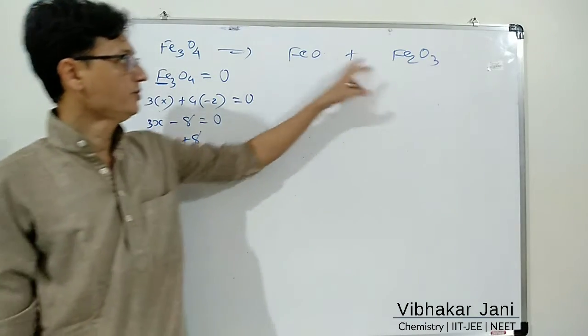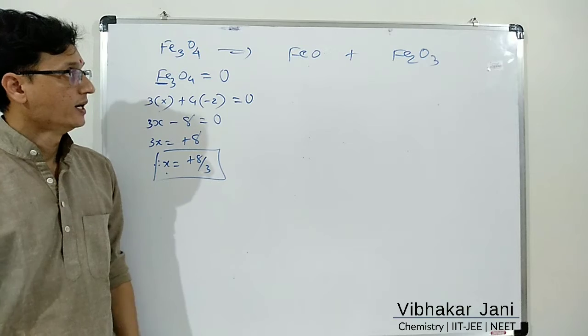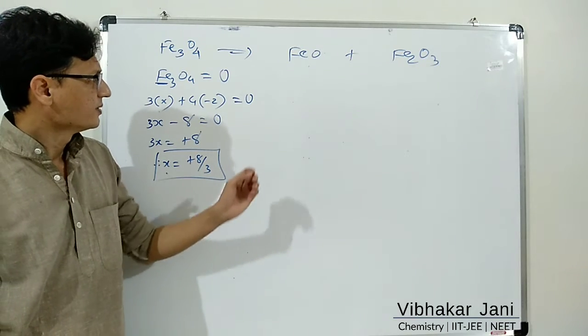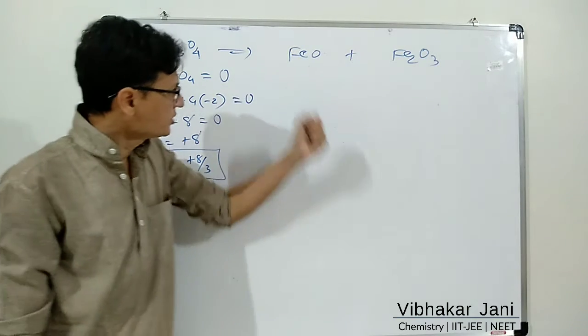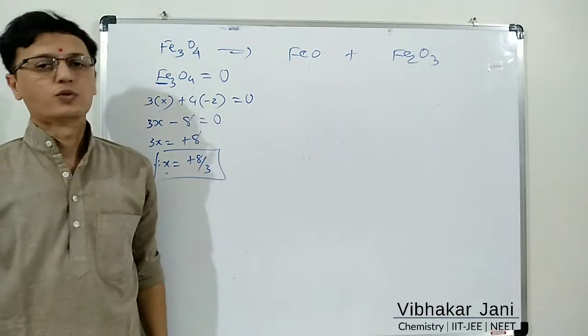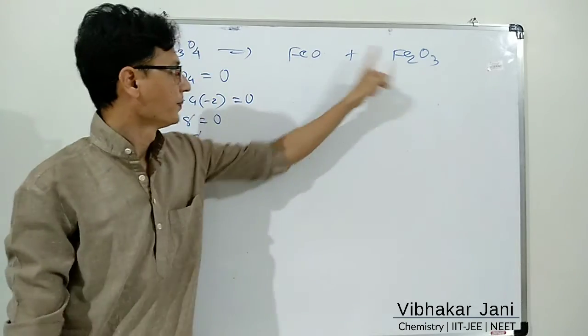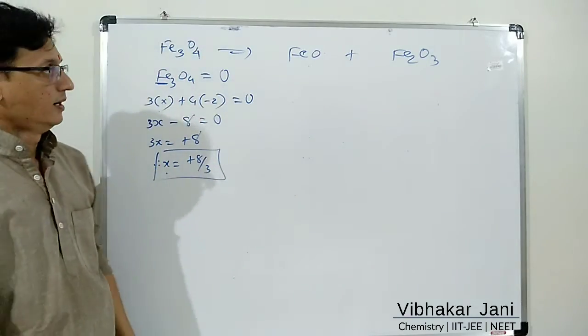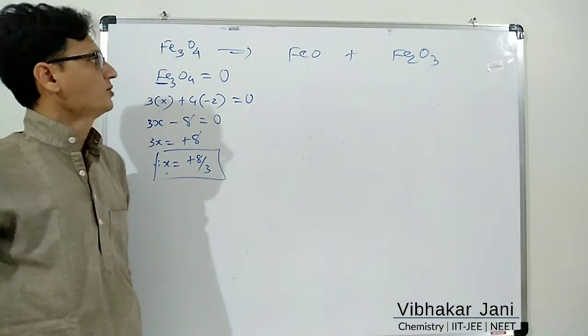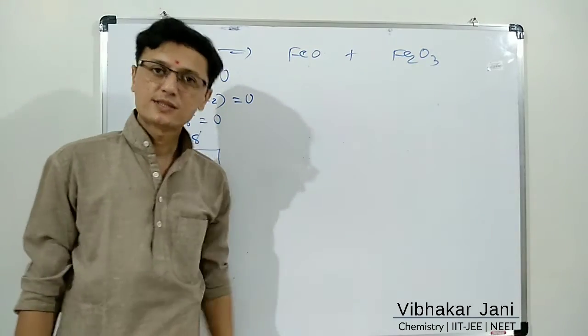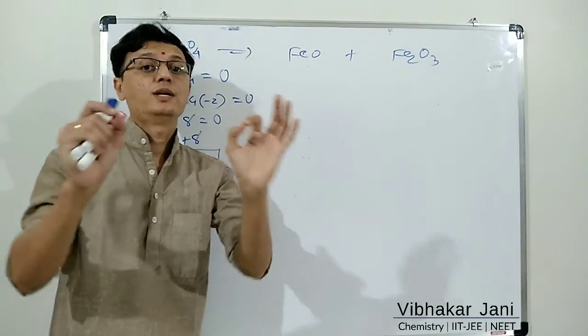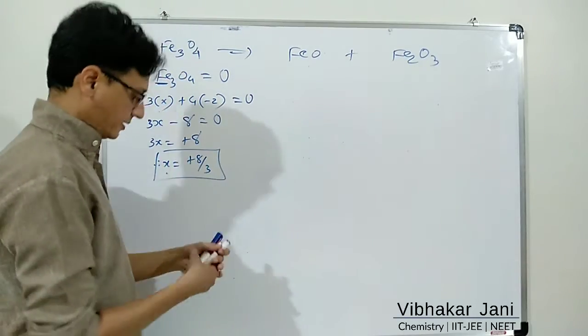If we add both these formulas, we get Fe3O4. Now, if we separately find out the oxidation state of iron in both these compounds, we will have a whole number value. Let us find it.